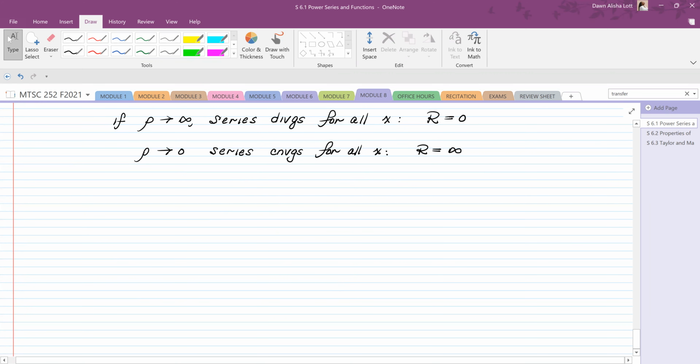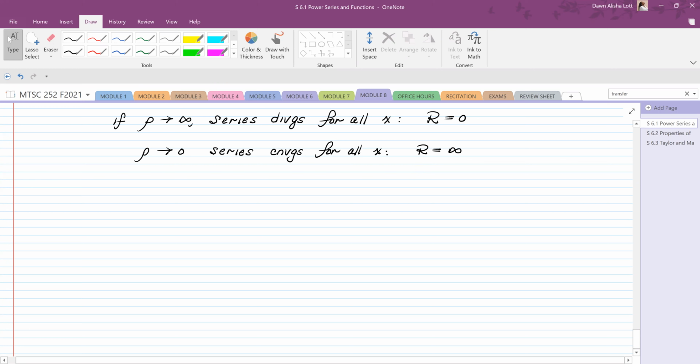Multiplication of power series. Actually, we can add power series the same way we can add any series. Multiplication of power series is really nasty. It requires a lot of work.